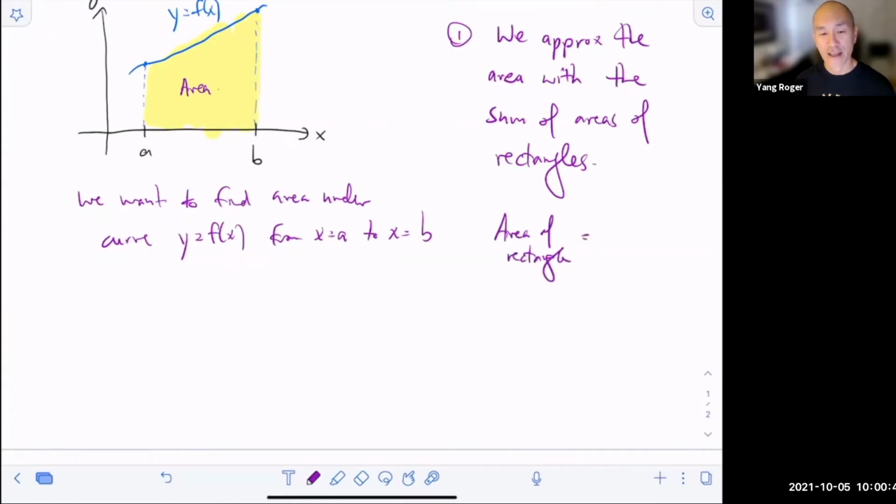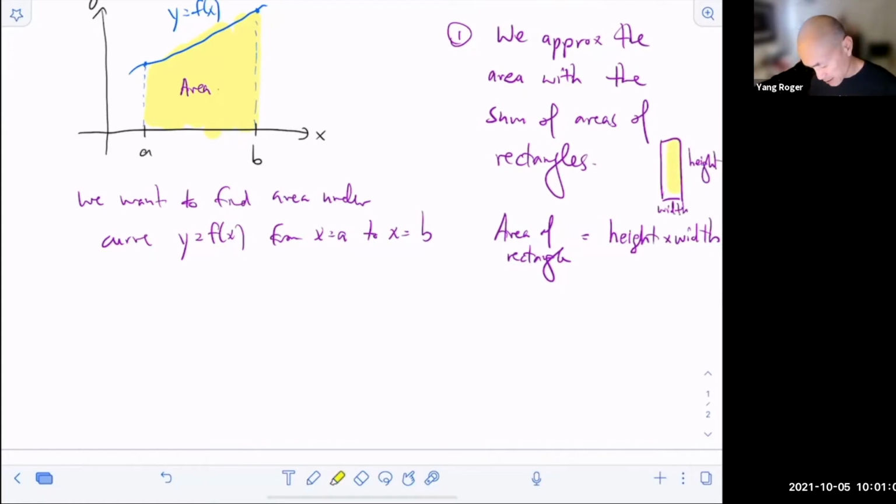That area is just going to be the height of the rectangle times the width of the rectangle, right? So if you had a rectangle that looks like this, you'd have the width at the bottom, and the height on the side. And then you want to find this area right here. So we're going to multiply those 2 things together. Okay. So that's our goal.